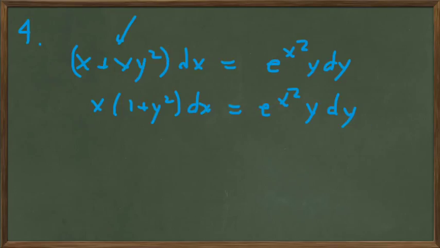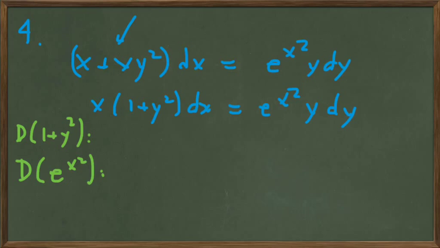So in putting the y on this right-hand side, we're going to divide by 1 plus y squared, and in moving the x to the left-hand side, we're going to also need to divide by e to the x squared.